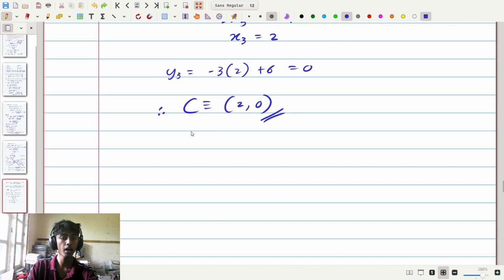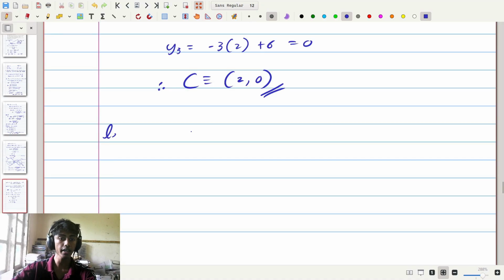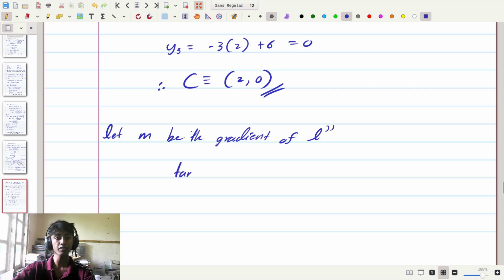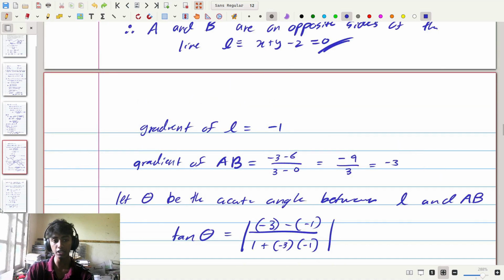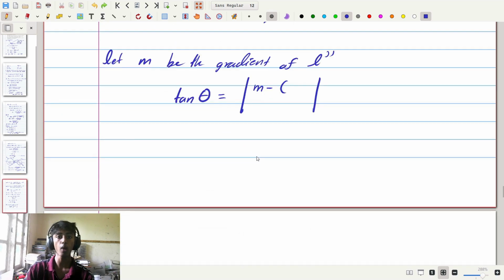So let's say m is the gradient of L double dash. Given this, the tangent of the angle between the two lines L double dash and AB, which is theta, is equal to the modulus of the first gradient, m, minus the second gradient, the gradient of AB, which we found previously is equal to -3, divided by 1 plus m1 m2.